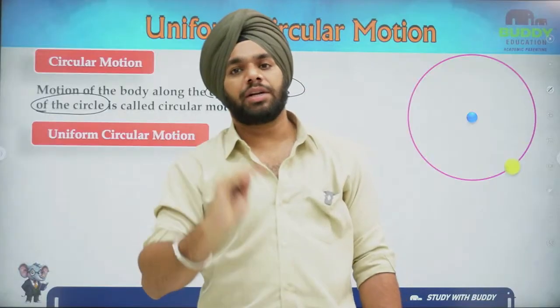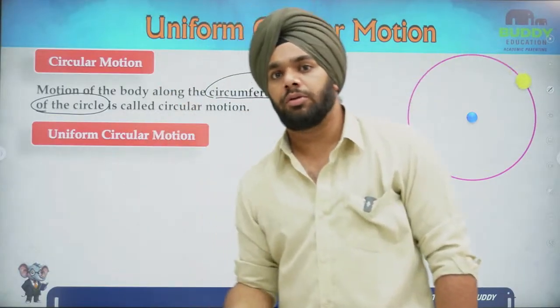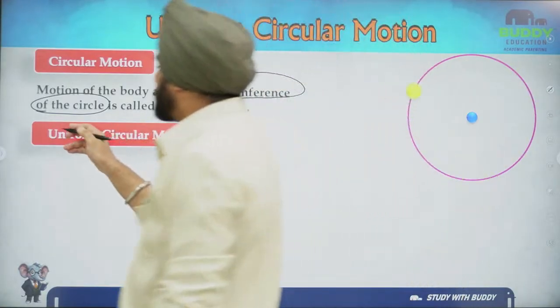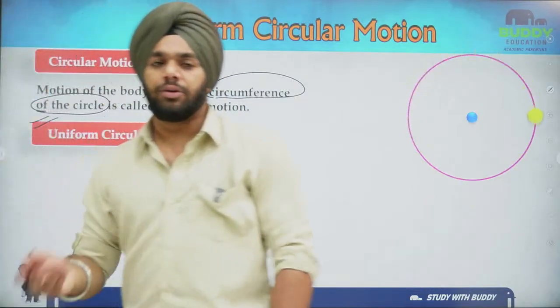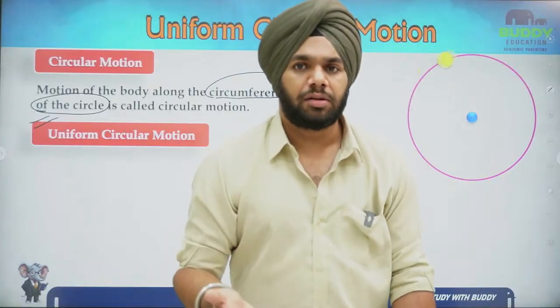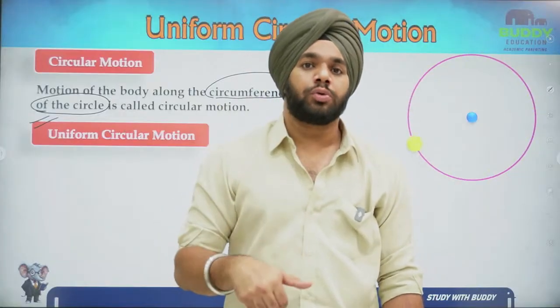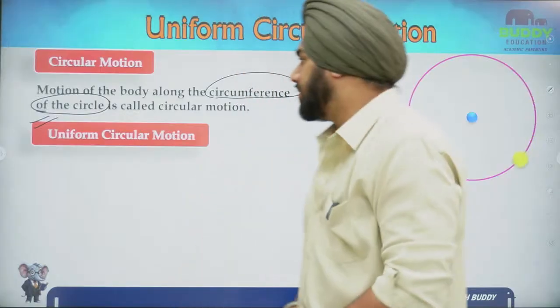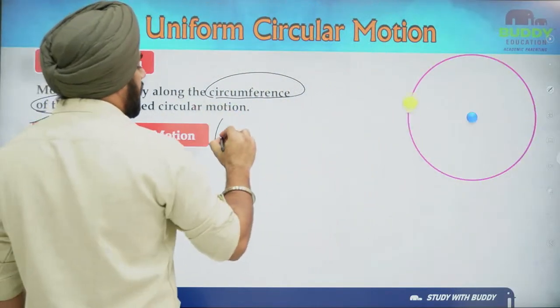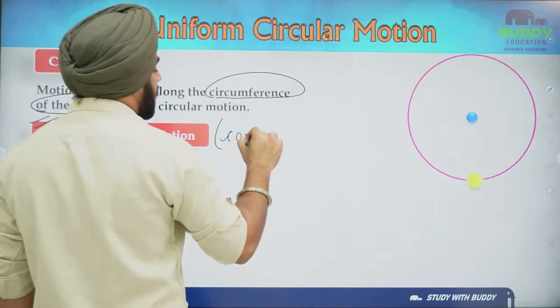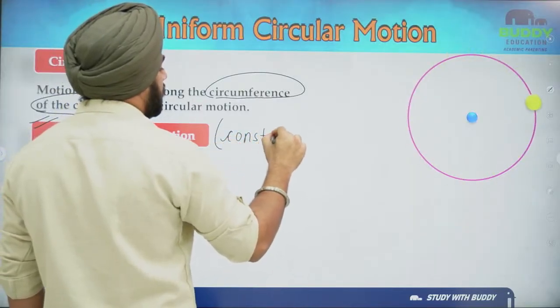Now what is the big difference between circular motion and uniform circular motion? Basically it is one more condition: the particle is moving in a circular path and also it is moving with a constant speed. Whenever I mention uniform circular motion, I will always say constant speed, not constant velocity.